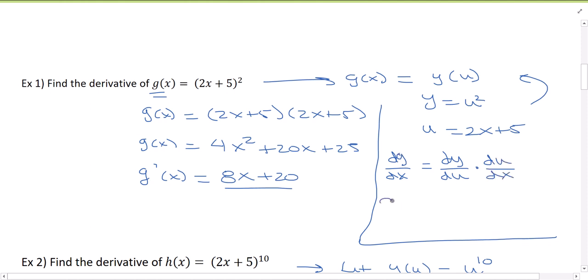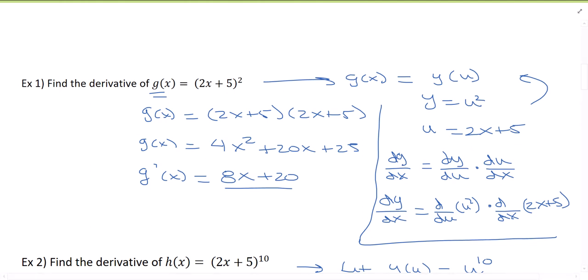So I'm going to have the derivative of the function that I want, which is dy/du. So y is u squared, so it's d/du of u squared times du/dx. So the derivative with respect to x of 2x plus 5. Running out of room here, but I think we can make it work.